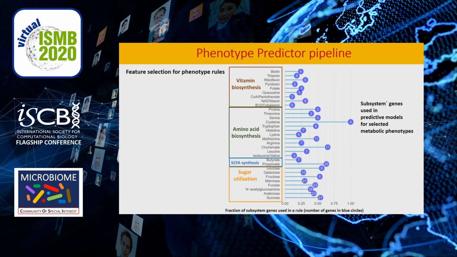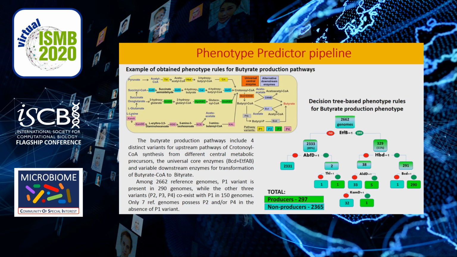Only a subset of subsystem genes or features was used in the predictive models, and this number of features varies depending on the pathway analyzed. Here we show an example of obtained phenotype rules for butyrate production pathways, which are rather complicated and include 4 different pathway variants, P1 to P4, but the decision tree based phenotype rules for this pathway are relatively simple and involve only 6 different genes.